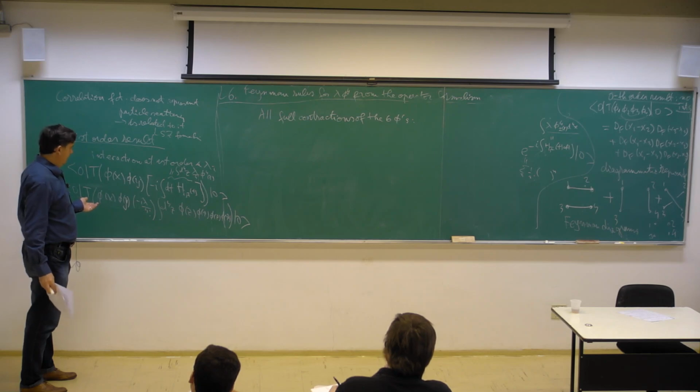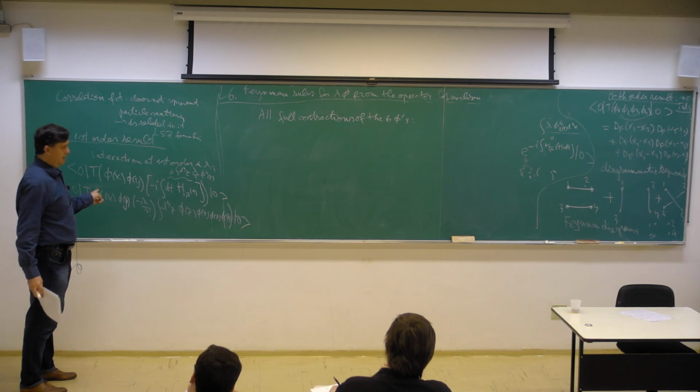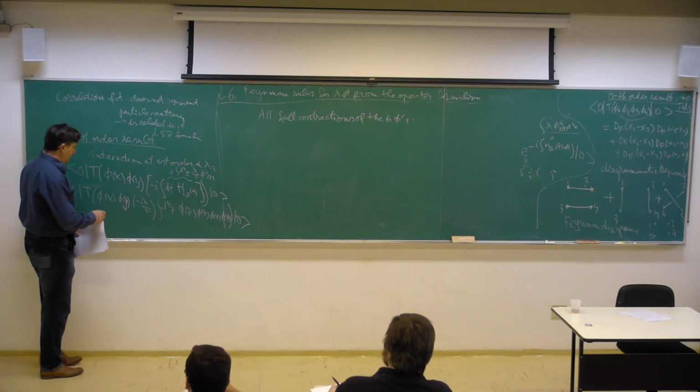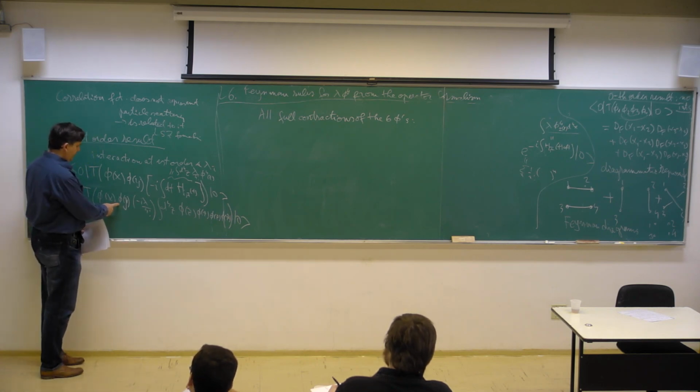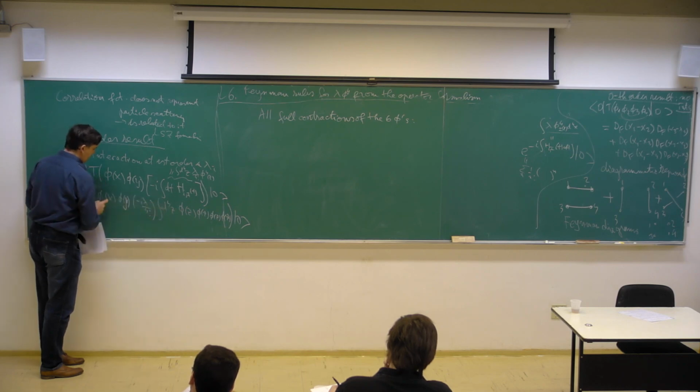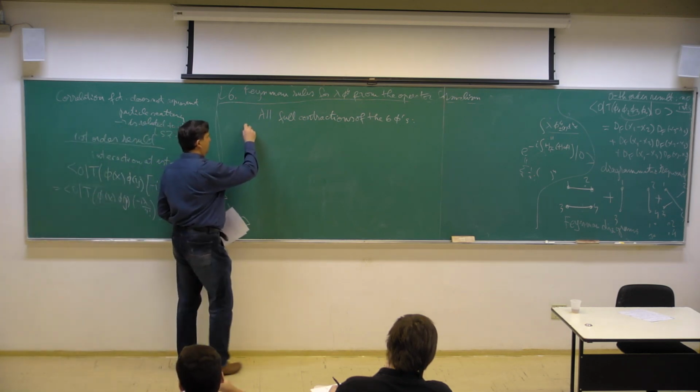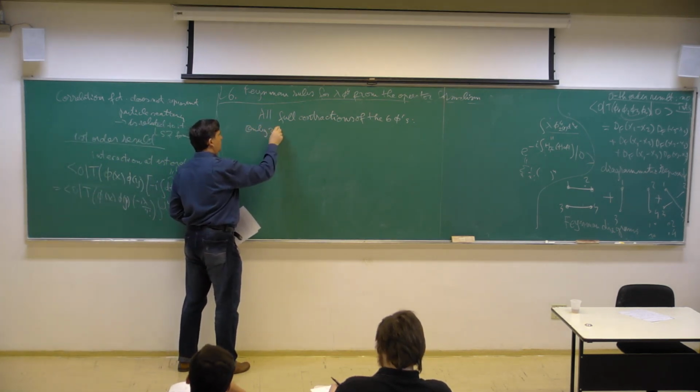Well, you can easily convince yourself there are only 2 independent contractions and the rest are identical. They are just permutations of this. That is to say, I can either contract one of the special phi's with the other one, and then these ones among themselves, or one of here with one of here, and this one with another one of here, and then the remaining ones. So I have only 2 independent ones.